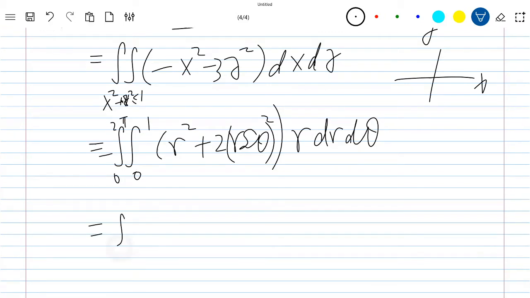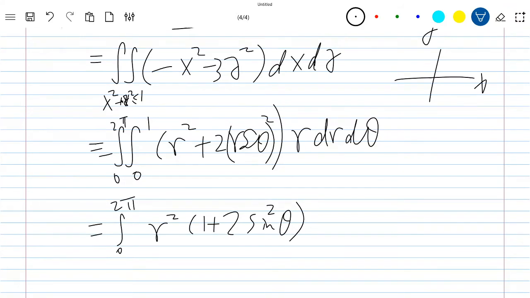And then you have 0 to 2 pi, and inside you can factor out all of the r stuff. You have r squared, then 1 plus 2 sine squared theta. Is that correct? Yeah, I think so.